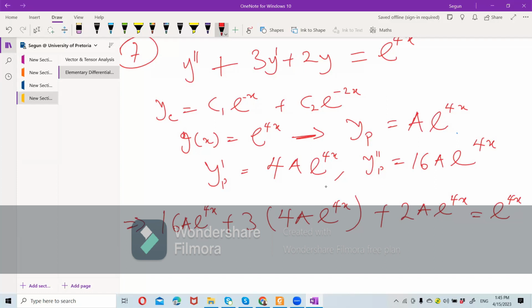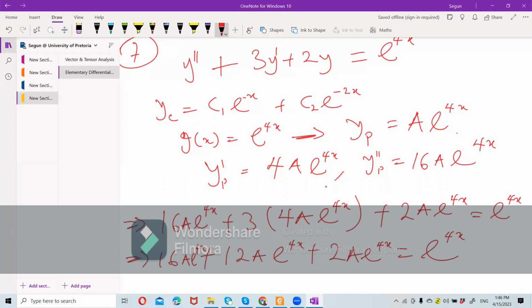So let's open the brackets. You have 16A plus 12A exponential 4x plus 2A exponential 4x equals to exponential 4x.